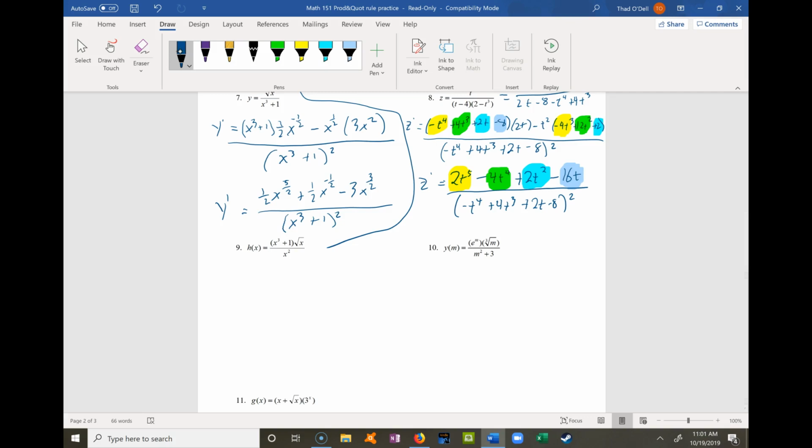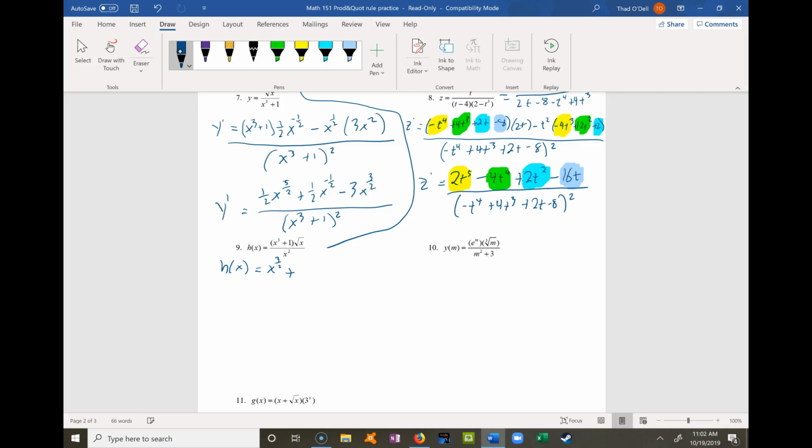Okay, so then the next one, this is the one that I said we could avoid the quotient rule by just distributing and dividing. So x to the 1/2 power times x to the 3rd power, that'd be x to the 6 halves plus 1, 7 halves, divided by 2, so that'd be x to the 7 halves divided by x to the 4 halves, which would be x to the 3 halves.